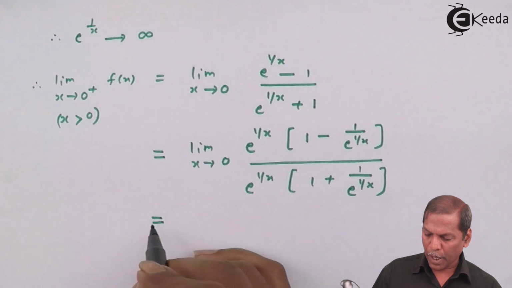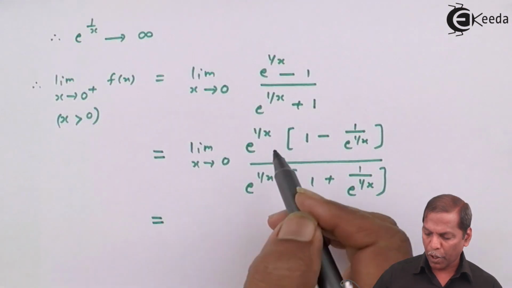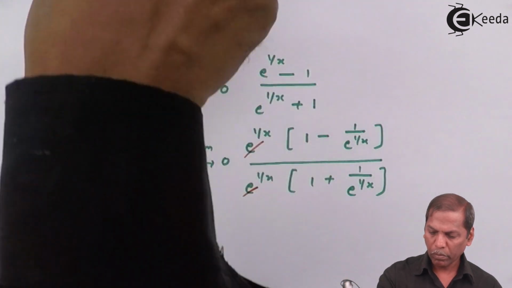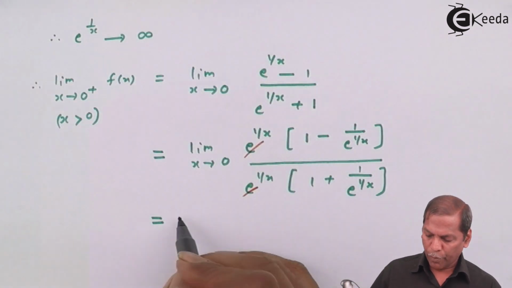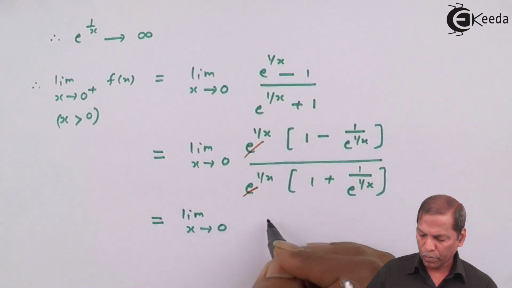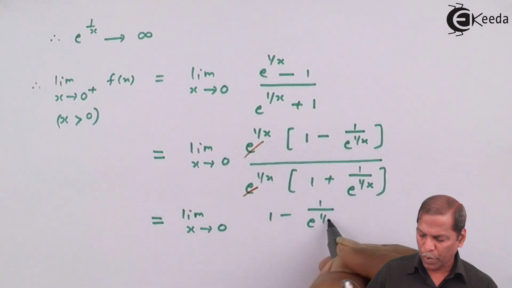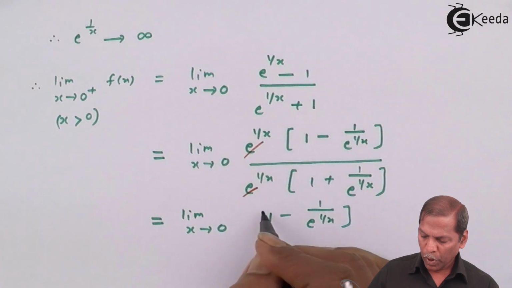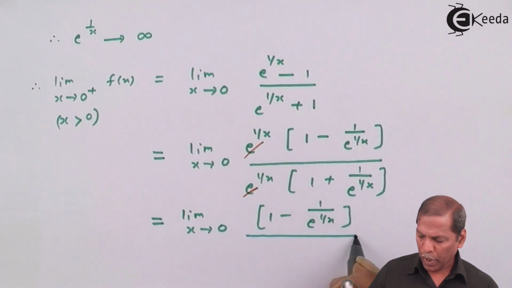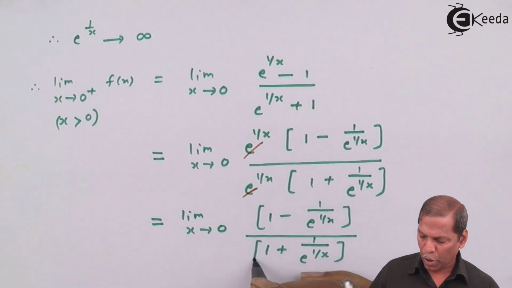Now here we cancel e raised 1 upon x from numerator and denominator. So the next step will be limit x tends to 0, 1 minus 1 upon e raised 1 upon x in the numerator and the whole thing divided by 1 plus 1 upon e raised 1 upon x in the denominator.